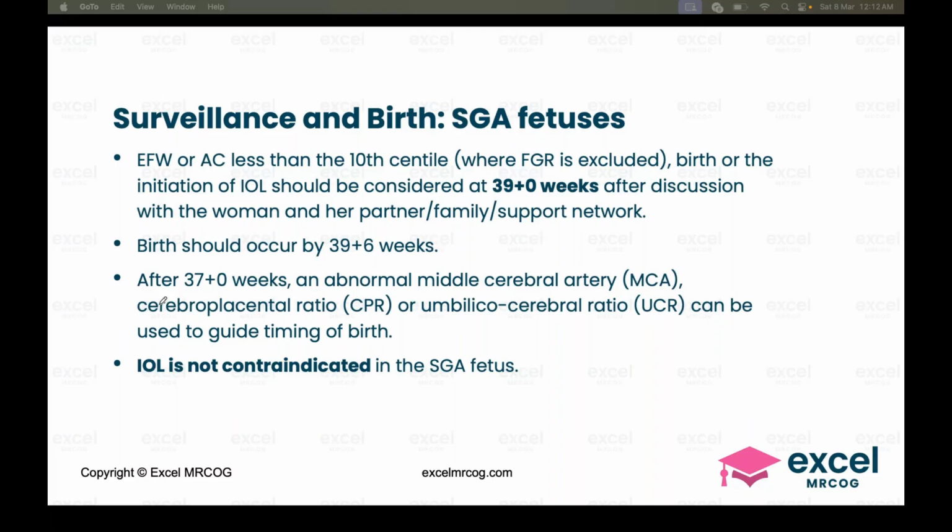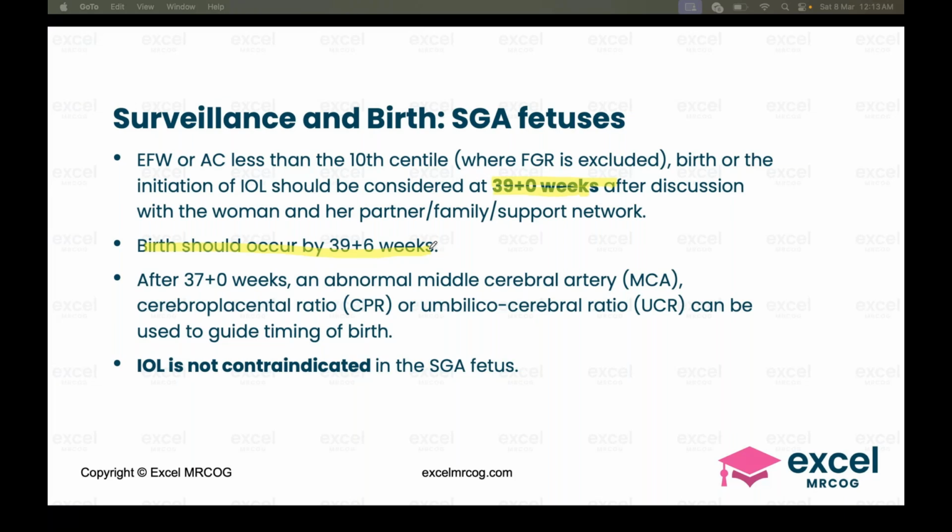So this baby is likely to be just a normal baby, which is just normally small. Such a baby, you can offer induction of labor at 39 weeks. It should be delivered by 39 weeks, 6 days. This is important. So if it is just SGA without any problems, you can stretch the pregnancy till 39 weeks, induce at 39 weeks, and at least try to deliver by 39 weeks, 6 days.